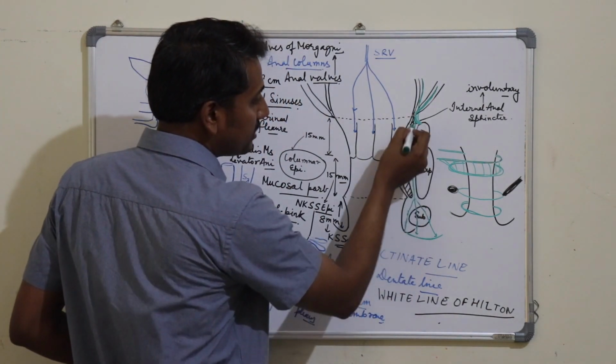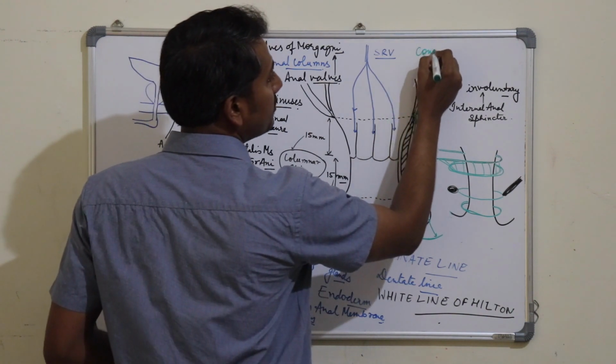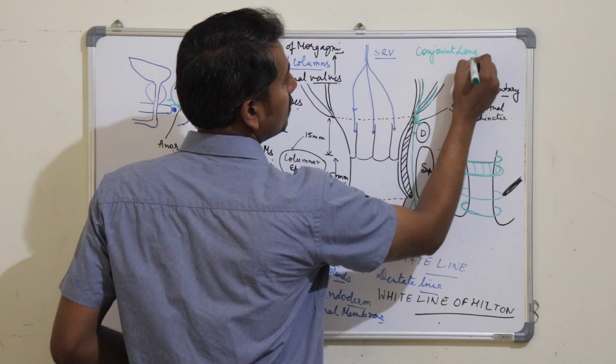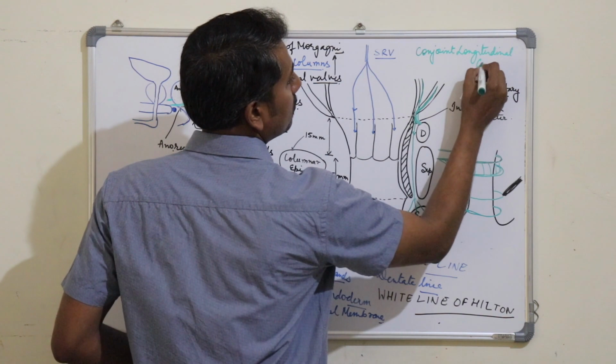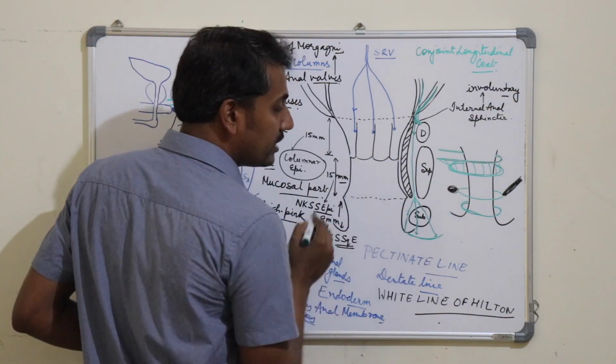This fibroelastic septa is also known as the conjoint longitudinal coat, at the level of the white line of Hilton.